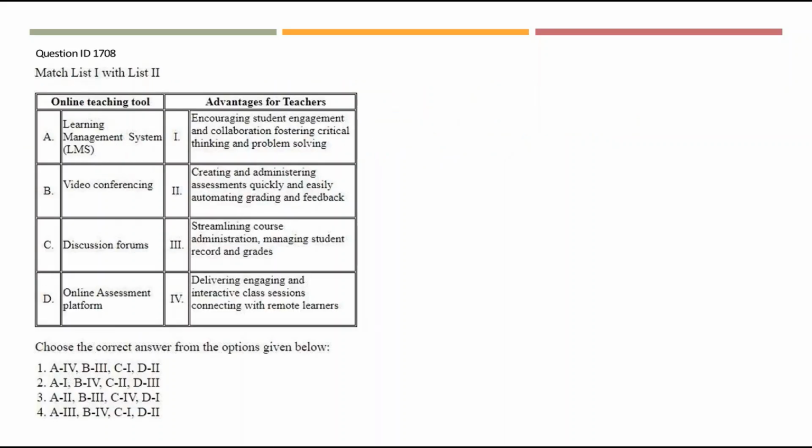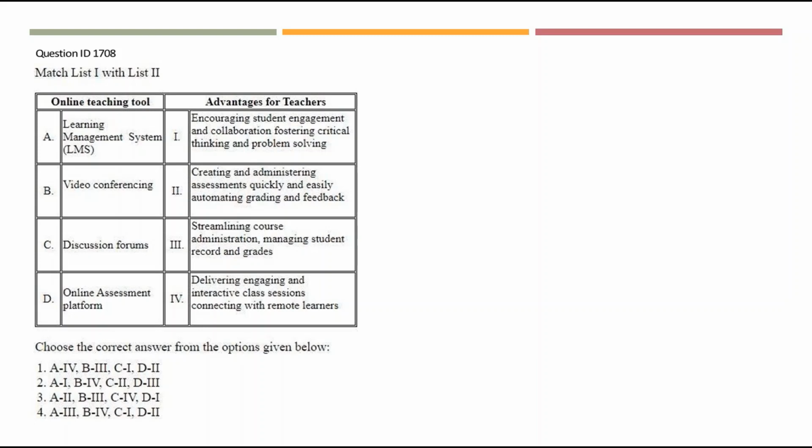Next question, match list 1 with list 2. Online teaching tools are listed on one side and the other side has the advantages listed for the teachers. What is a learning management system? It will provide the instructor with a way to create and deliver content and monitor student participation. It will assess the student performance. There will be a lot of features.